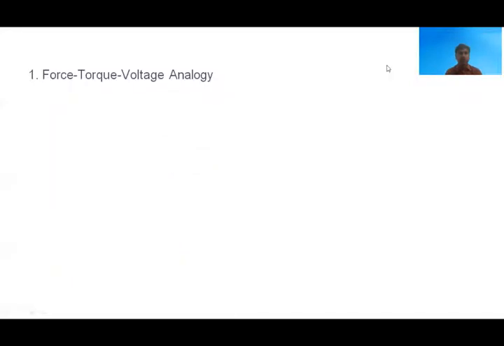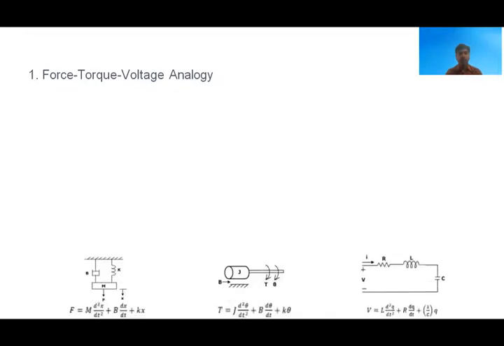We will see first the force voltage analogy and torque voltage analogy combinedly. These are the physical models of mechanical translational and rotational, then electrical systems. And here the mathematical expression of the translational system is F is equal to m d square x by dt square plus b dx by dt plus kx.